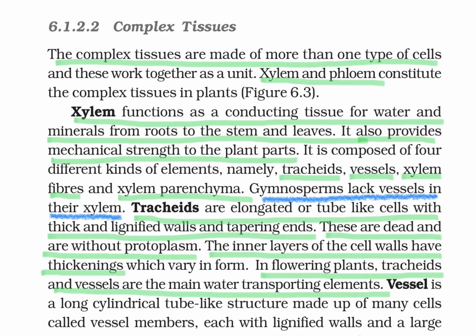I will show you in the next slide the different thickenings. In flowering plants, tracheids and vessels are the main water transporting elements. A vessel is a long cylindrical tube-like structure made up of many cells called vessel members. Here also lignified thickenings are observed in large vessels.